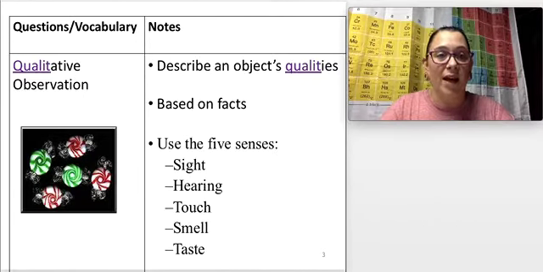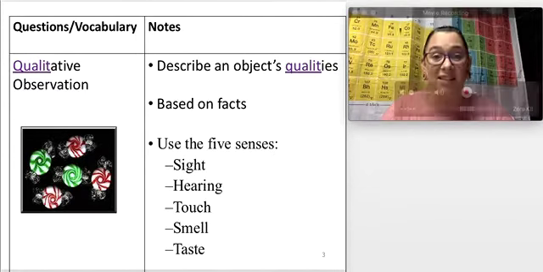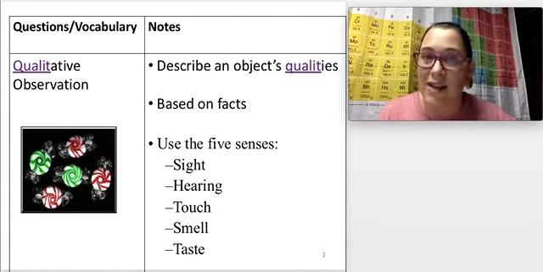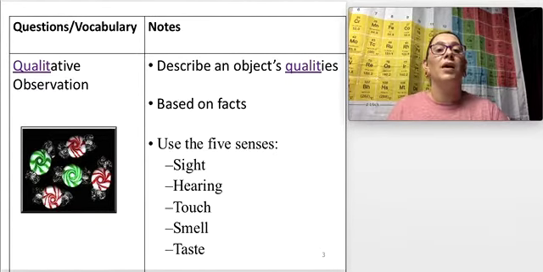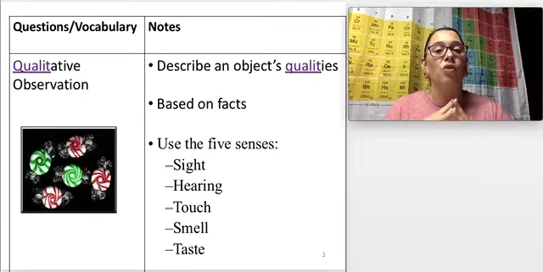Qualitative. Notice that I highlighted qual. Describe an object's qualities. When you think of a quality, people always say quality over quantity, right? Quality is based on fact and the five senses: sight, hearing, touch, smell, and taste. You might say something like, it's a red color.